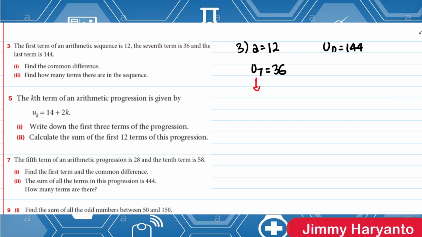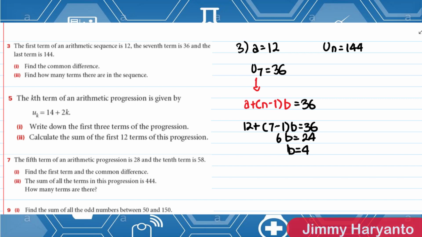Let's put the formula for U7: A plus n minus 1 times the difference B equals 36. Putting A as 12, 12 plus 7 minus 1 times B equals 36. So 6B will be 36 minus 12, which is 24. So B equals 4. Because we already know the difference, the common difference will be 4.